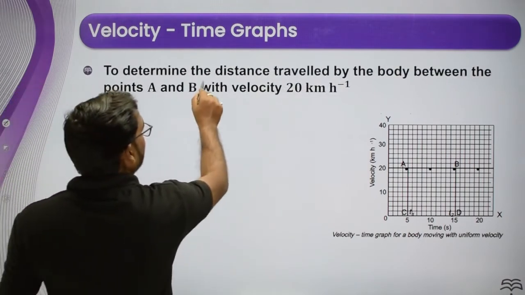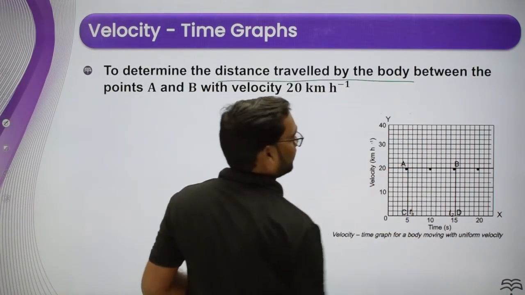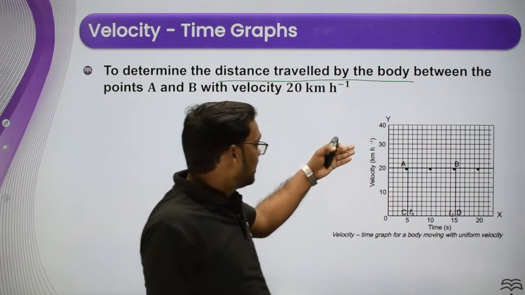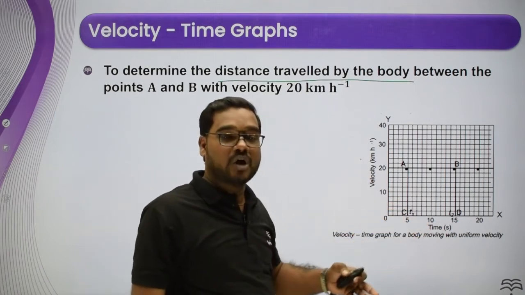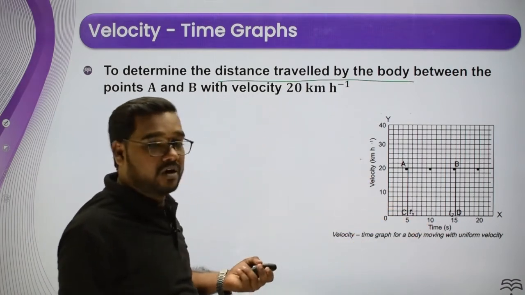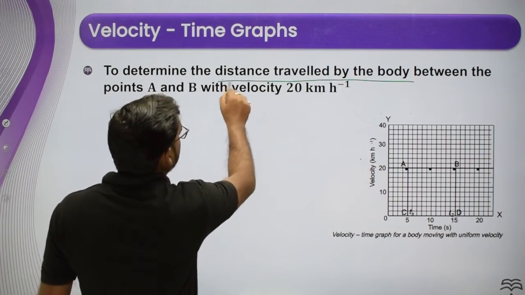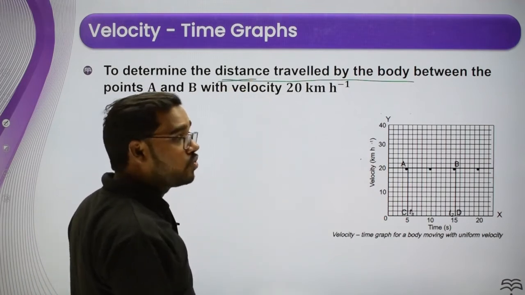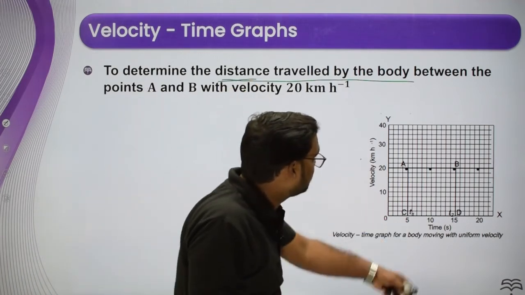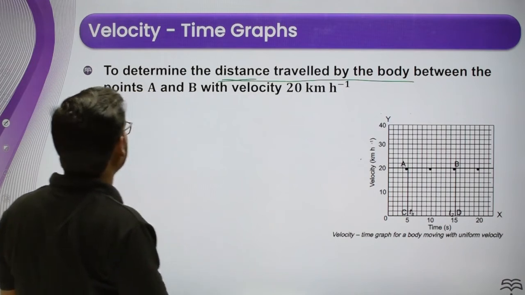So to determine the distance traveled by the body, suppose a velocity-time graph is given and you are going to calculate the distance. How do you calculate the distance from the velocity-time graph?